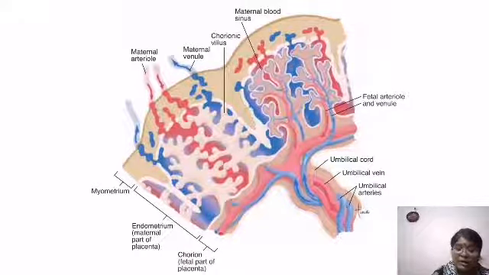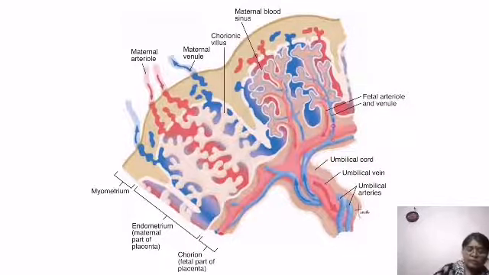The back portions are open spaces, these are sinuses, in which the maternal blood is coming and opening. So they are not in direct contact with each other, which the diagram illustrates very clearly.